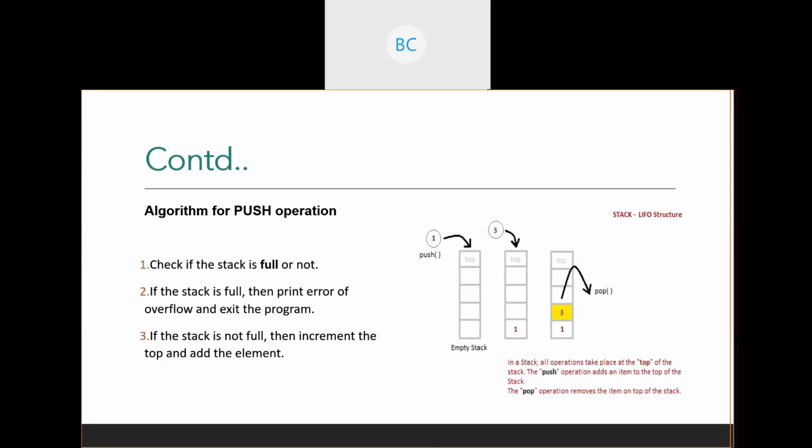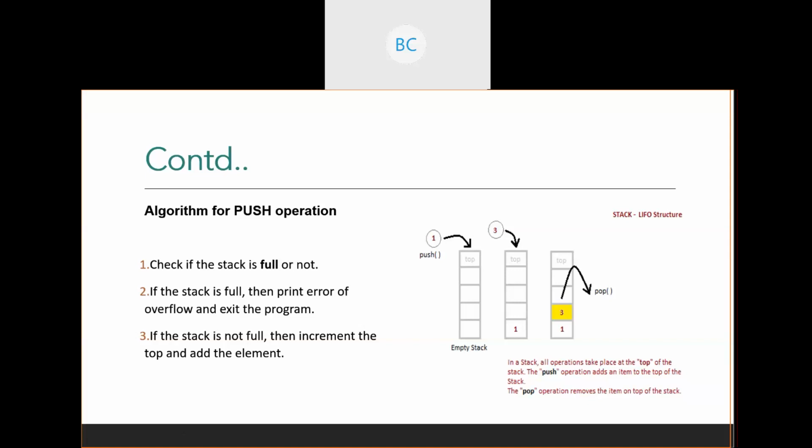Whenever you add one item, you will always increment the value of top before adding the item. Top will show you whether your stack is empty or full, because based on the location of top, you will get to know the capacity of your stack.